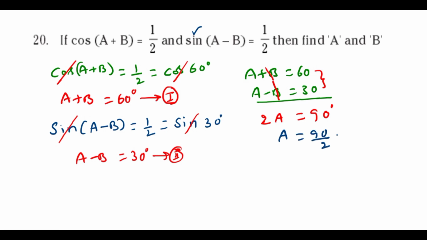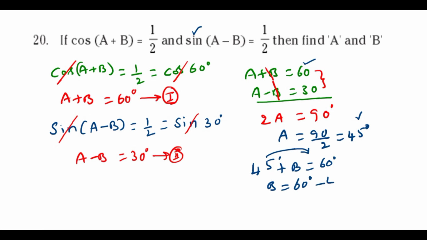Okay, so substitute a equal to 45 in the first equation, that is 45 plus b equal to 60. So just transpose this one, b equal to 60 minus 45 is equal to 15 degrees, the answer of this question. Okay, so very interesting, very important. That's it. With this all 1 mark and 2 mark questions are completed.